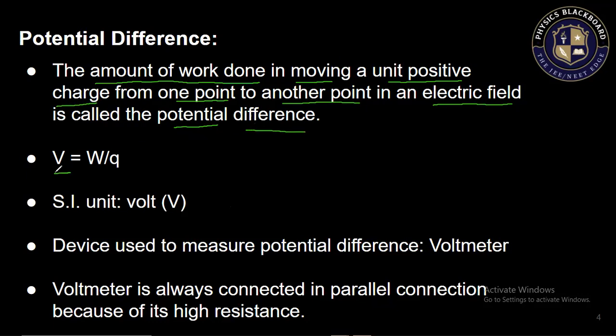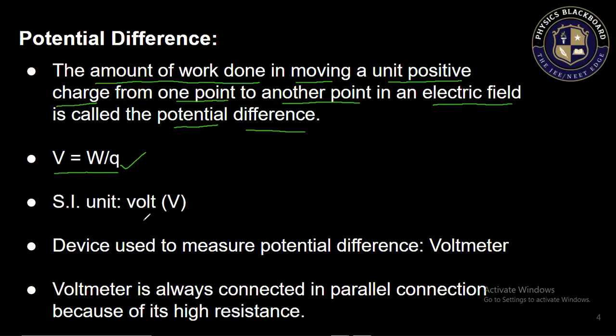The mathematical expression for the potential difference is as follows. V is equal to W by Q, where V is the potential difference, W is the amount of work done in moving the charge, and Q is the charge that moves through the conductor. That is, V equals W by Q. Potential difference is equal to the work done on unit charge to move it from one point to another point.